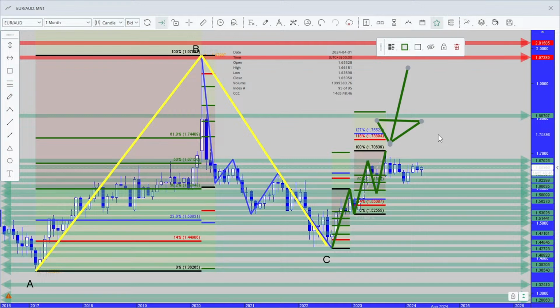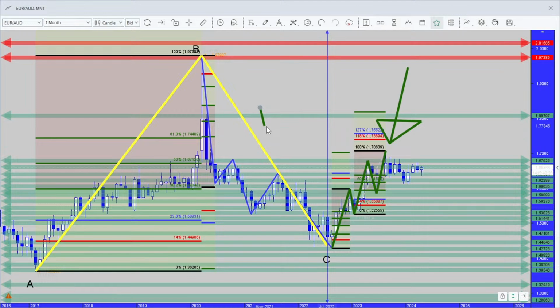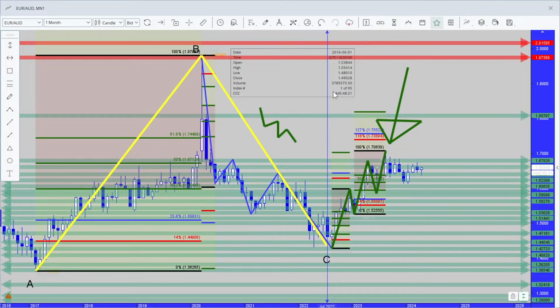Isn't the market making higher highs, higher lows from the C on? If I put a vertical line on the C, from the vertical line left, wasn't the market in a retracement, making lower lows, lower highs? And from the right side of the C, isn't the market making higher highs, higher lows? Which is an extension.